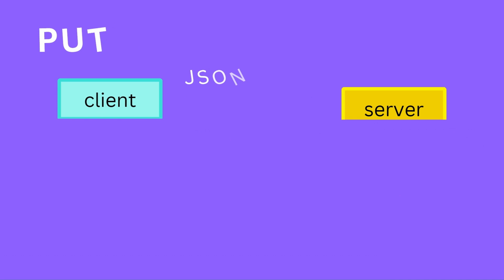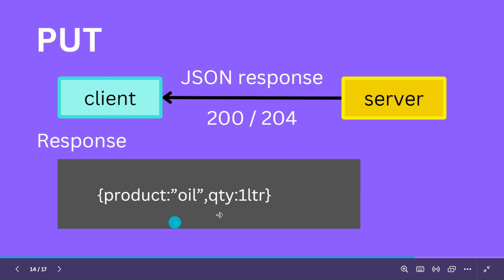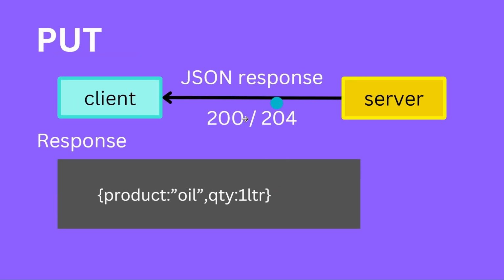The server will respond with the status code 200 if the update process is successful, and if the server could not find the URL with product slash 1, it will return 204, that is no content found. So both scenarios are possible.